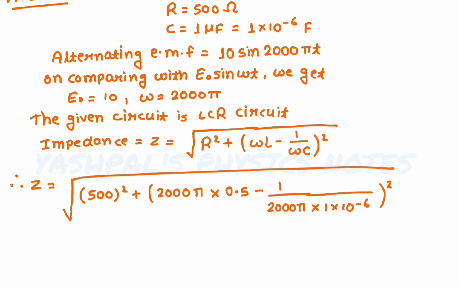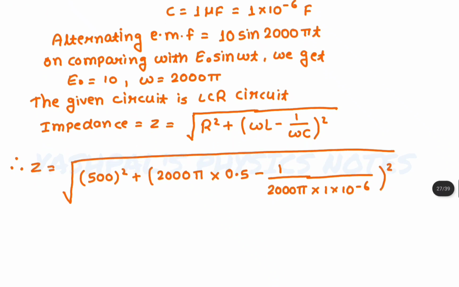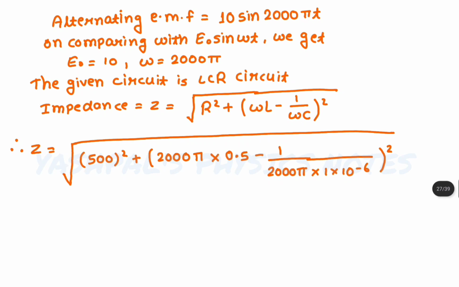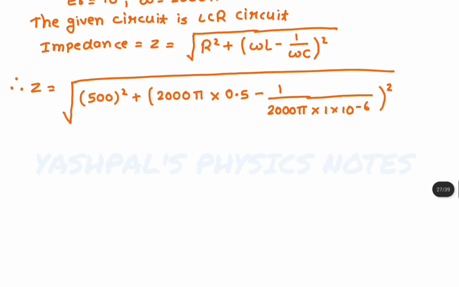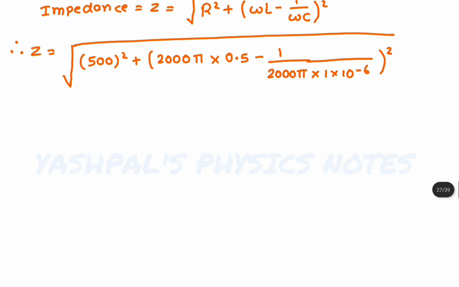Now we are going to solve this calculation. First of all, we substitute the value of pi, the standard value 3.14. So impedance Z is equal to under root. Here I am including one extra step so you can better understand that we are substituting the value of pi as 3.14.